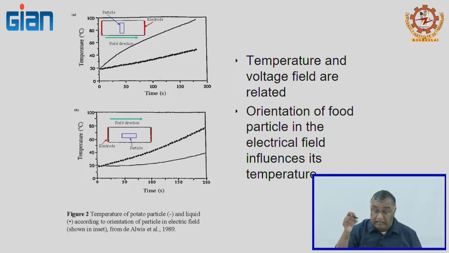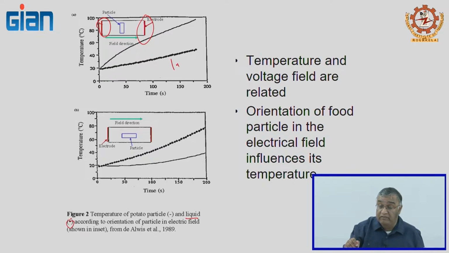Here we illustrate that you have a potato particle and how the potato is oriented with respect to the electrode. So, you have the electrode here, the particle here, and then the heating rates can be shown. So the liquid is the dotted line.